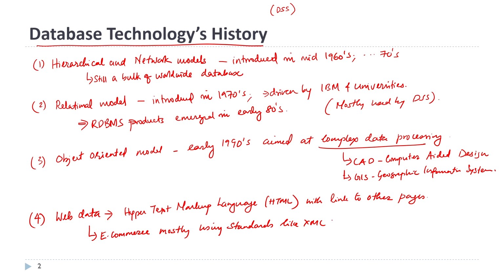XML is extensible markup language. So, these are the major technologies. Web data became popular in the 90s and is growing. Websites like e-commerce, like eBay, actually created a lot of these aspects. And again, remember, the object oriented model is also becoming popular, because especially CAD and GIS systems are gaining popularity as part of this.